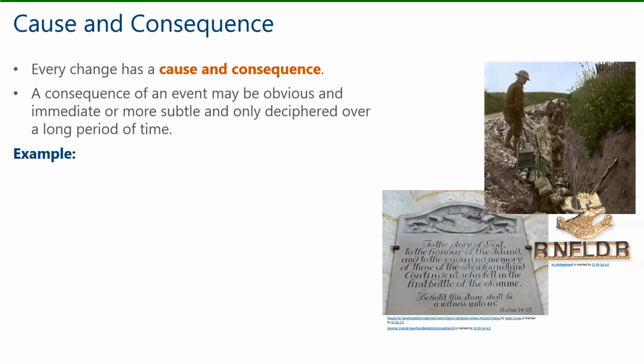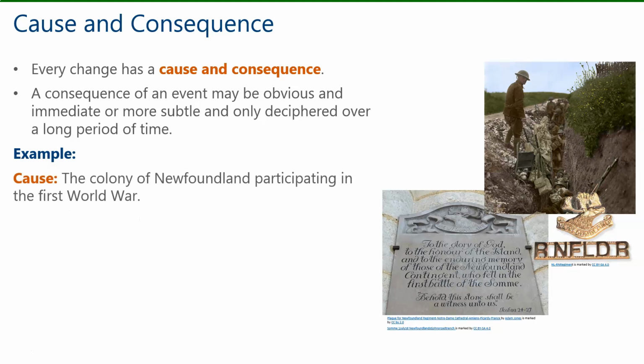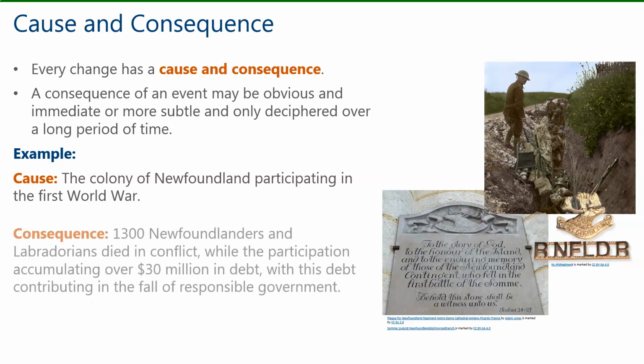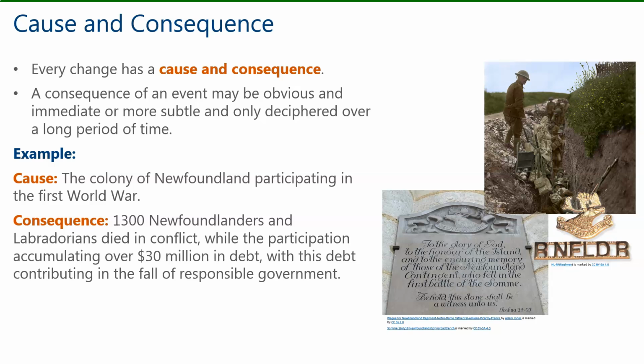A good example of this is during the First World War and the involvement of Newfoundlanders. Now, I say Newfoundlanders, of course, because at that particular time we were referred to as the colony of Newfoundland. The cause we have here is the colony of Newfoundland participating in the First World War. But there were many consequences of that. One of them being 1,300 Newfoundlanders and Labradorians died in conflict.